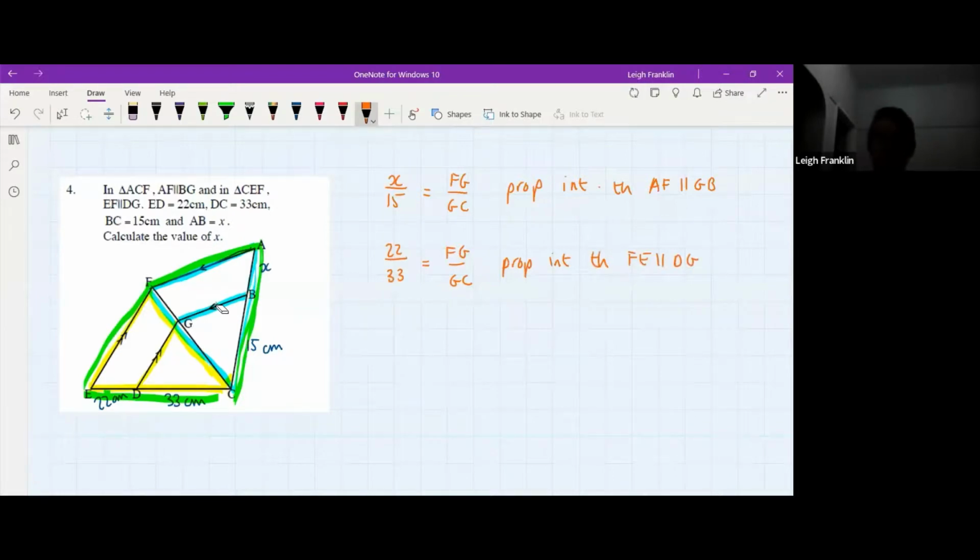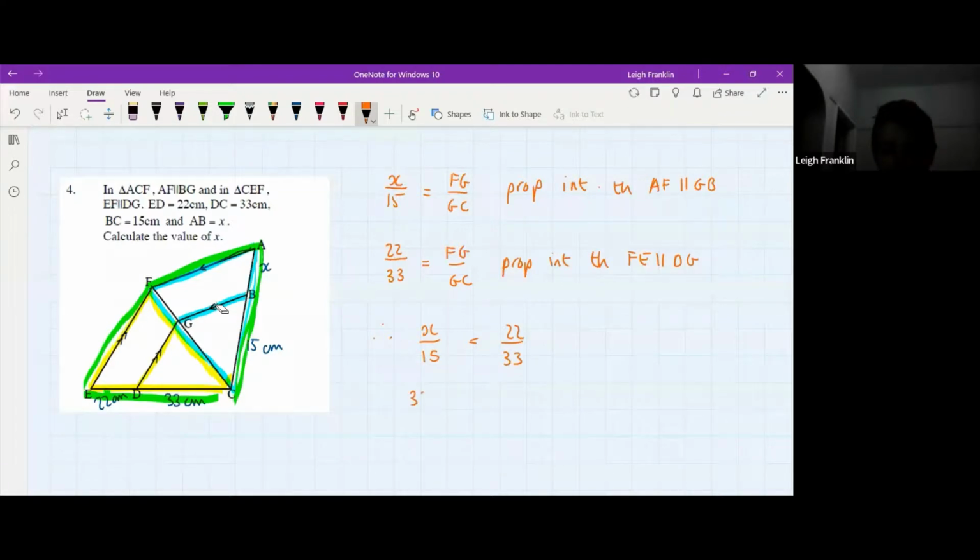If two things are equal to the same thing, then they must be equal to one another. So only now can I conclude that x over 15 is 22 over 33, but that cannot be my first statement.